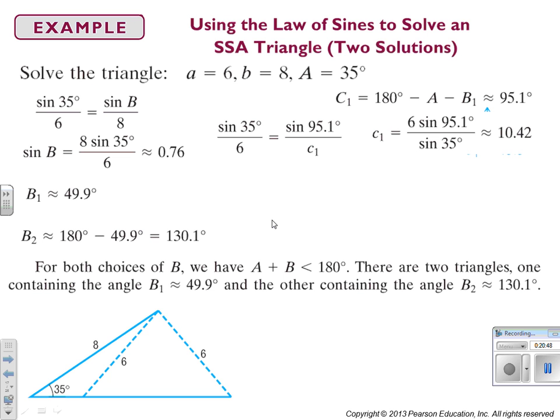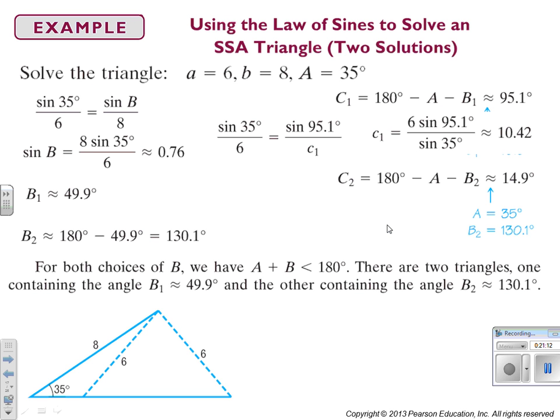So cross multiplying, we get C1 times sine 35 degrees equals 6 times sine of 95.1. Then to solve for C1, we divide both sides by sine 35 degrees to get this fraction right here. We chug that in our calculator and we get that our first side C is 10.42.